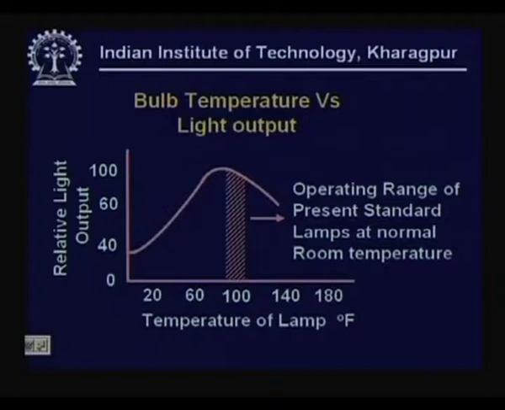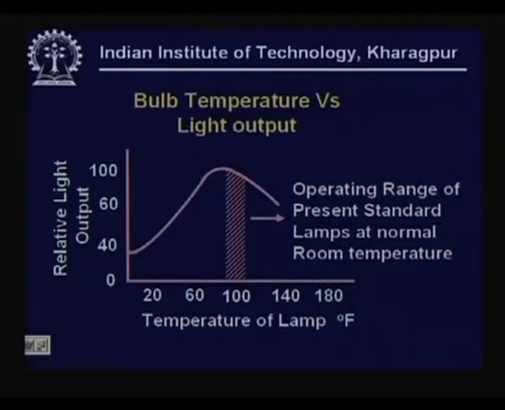Now, one could observe that around 80 to 100 is when you have the maximum light output for these lamps, and we are operating these lamps around the zone where the light output is around 80 to 90% of the maximum possible.